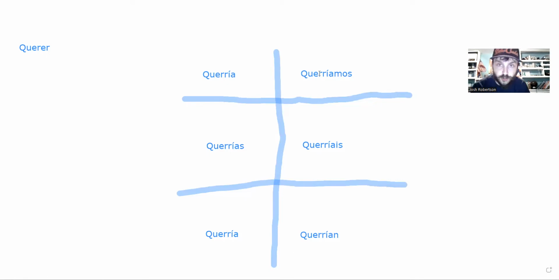Really practice rolling these double R's. I mean, the toughest word is railroad in Spanish. Ferrocarril. That's a really tough one right there.